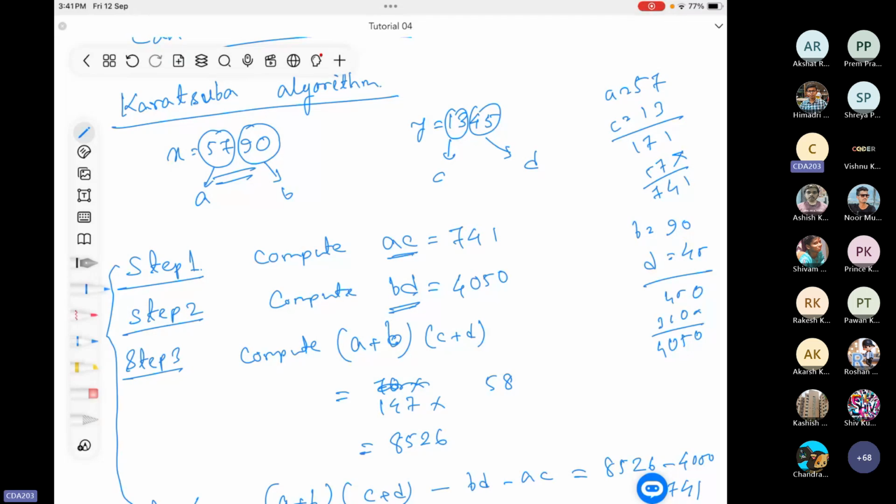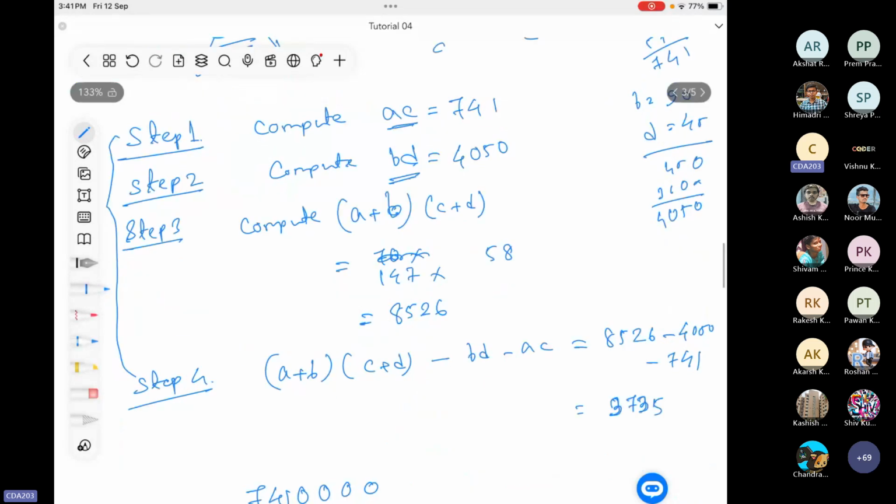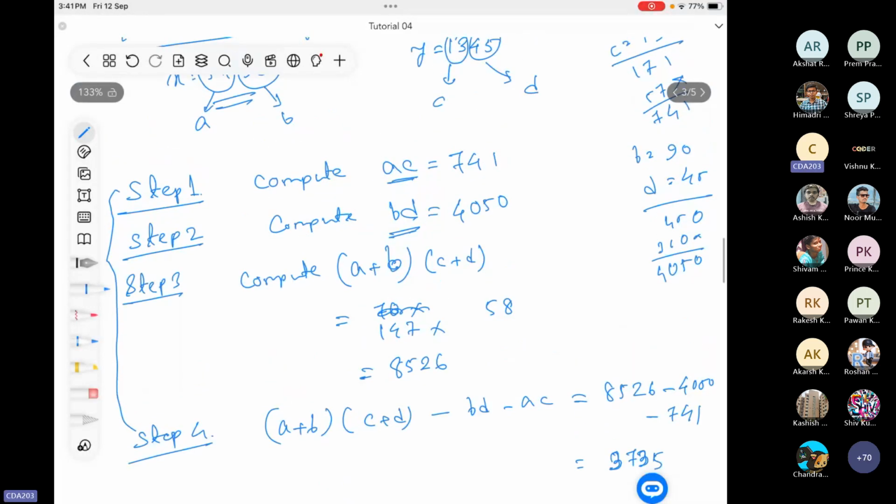That's a multiplication of n by 2-digit numbers. B and D both are n by 2-digit numbers, so this multiplication is also a multiplication of n by 2-digit numbers. Whenever I am multiplying these n-digit numbers, I will look at these n by 2 divisions, and I will keep on applying the same recursive algorithm on these parts also. Then we compute A plus B and C plus D. Both are n by 2-digit numbers, right?